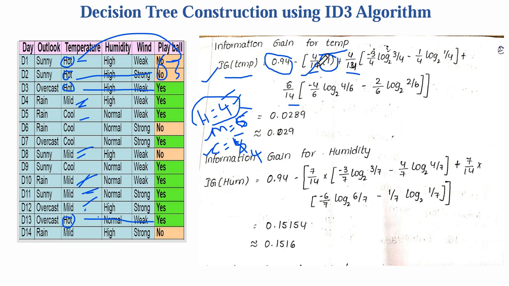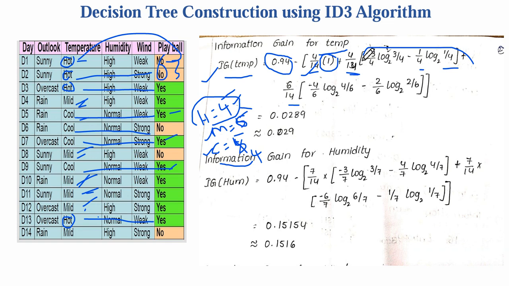Next, coming back to temperature equal to cool: cool yes, cool no, cool yes, cool yes. That means we have 3 yes records and 1 no record out of 4. That's 4 by 14 into, yes records 3 by 4 log 3 by 4 minus 1 by 4 log 1 by 4.